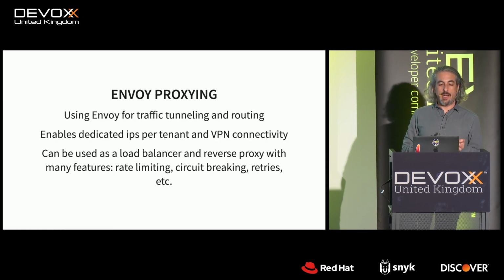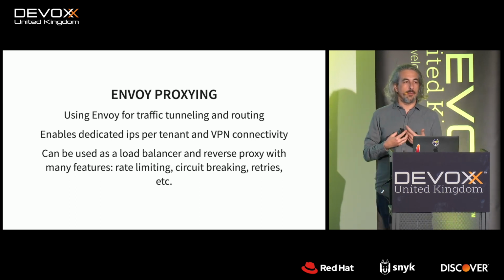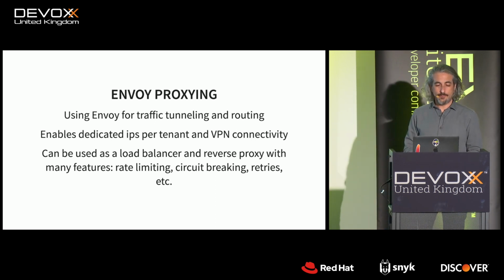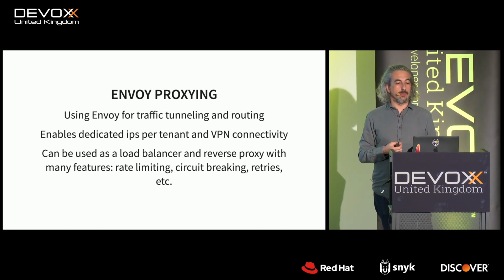Something a bit more complicated that we did was proxying with Envoy. Envoy is a proxy that is very popular in the Kubernetes world. And we use it for traffic tunneling and routing. It allows us to have different IPs per pod or per customer, and allows us to have VPN connectivity per customer.